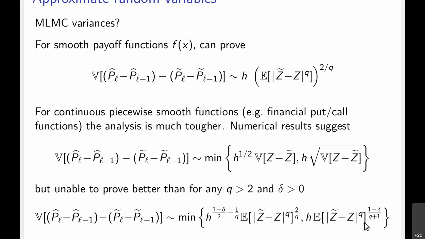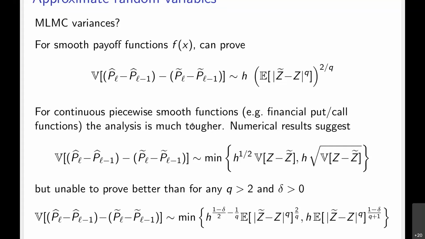That says how the difference in the paths behaves. We can then look at what's the difference in the output quantity of interest. If the output quantity is a smooth function of the final path values, then we get an expression for the variance. In real financial applications, it's never that smooth.